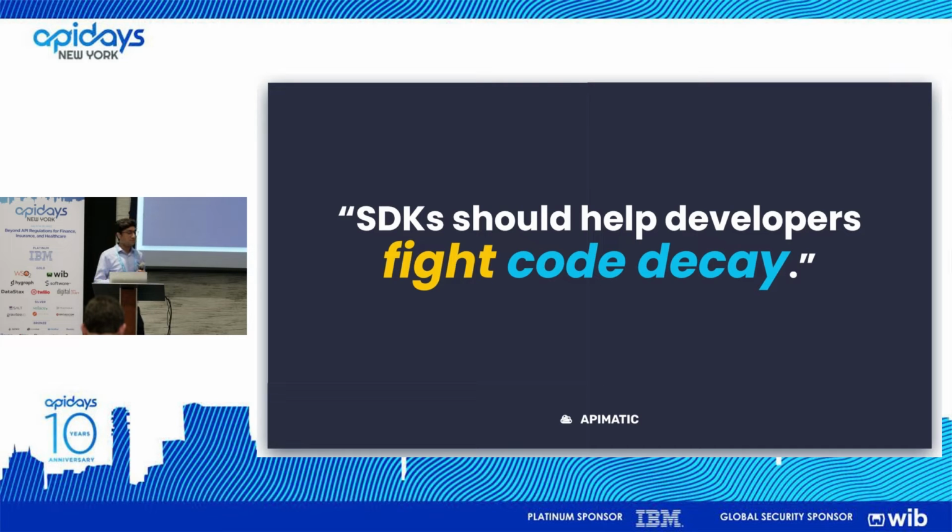Another good thing that an API provider can do is help their developers fight code decay. That means fewer refactorings for the user, fewer problems when they're migrating from one language version to the next, and fewer problems when they're upgrading their dependencies.